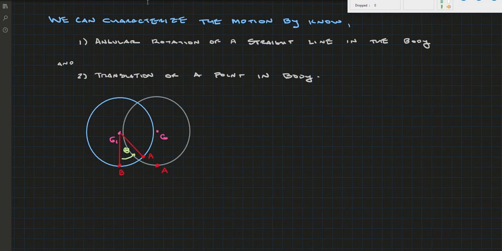Similarly, we have a translation here, x. And I can relate this x to the arc length here. So x equals this arc length.